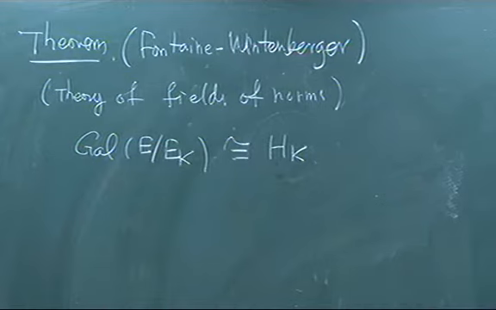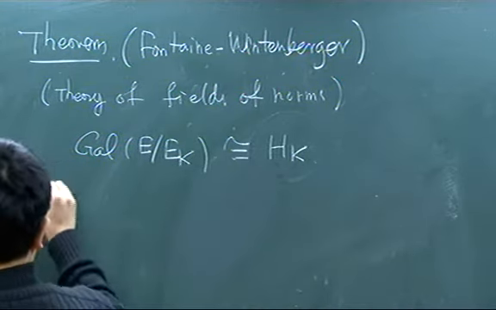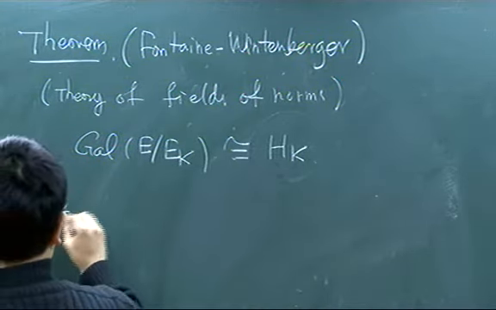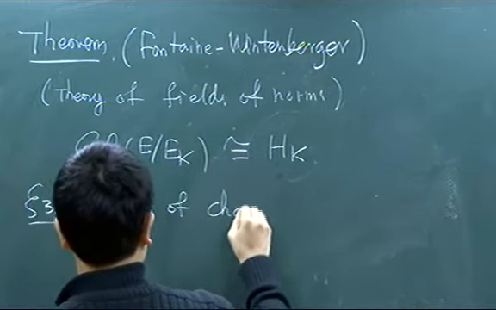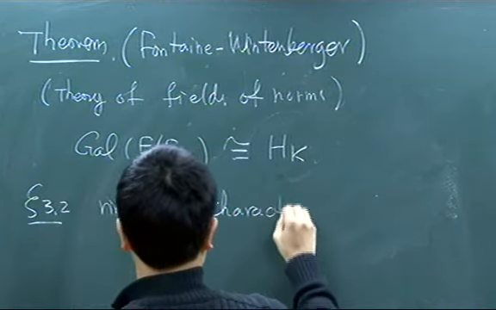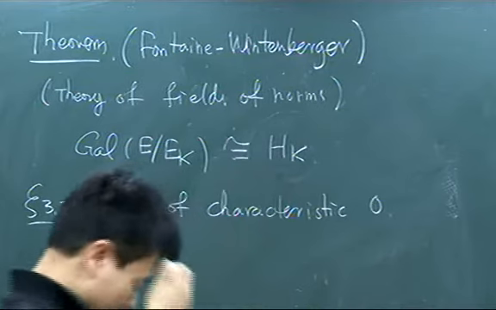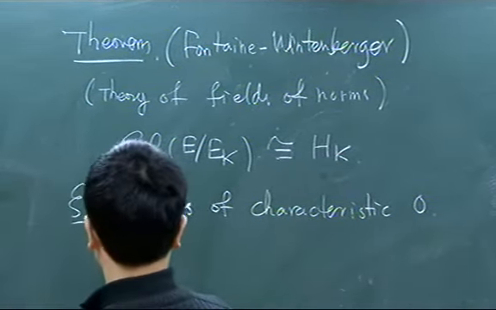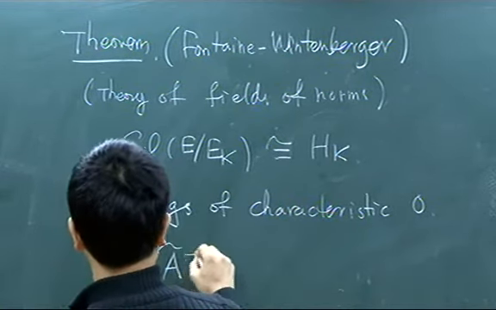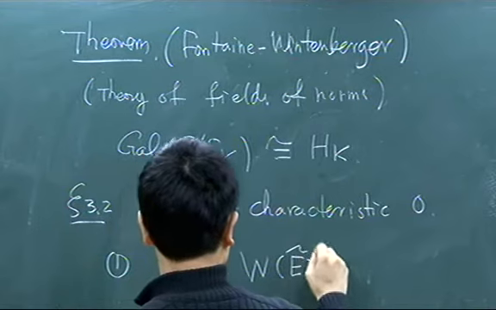Now let's talk about rings of characteristic 0. So then there are many other rings. The first one we want is A tilde plus. It's just W of E tilde plus.